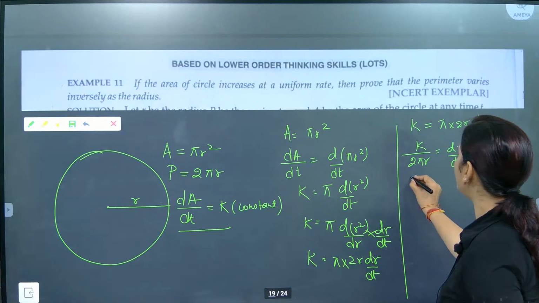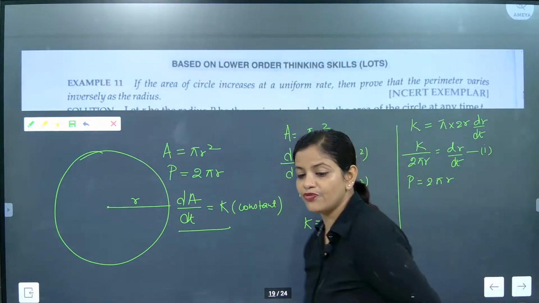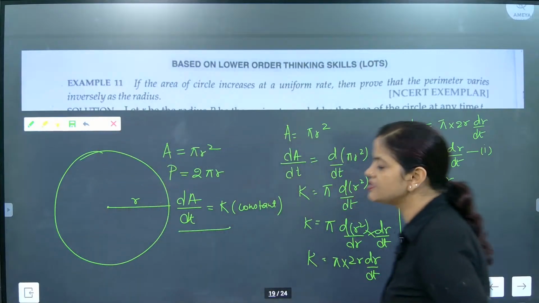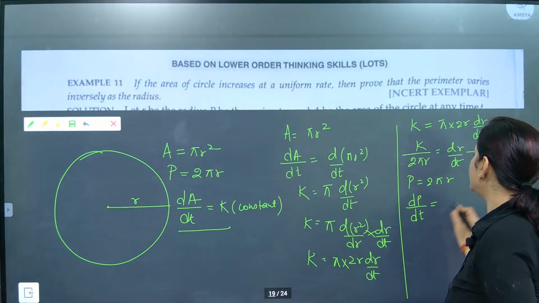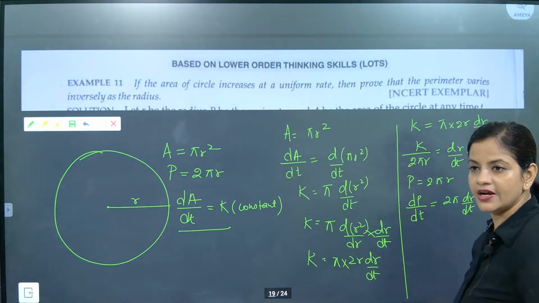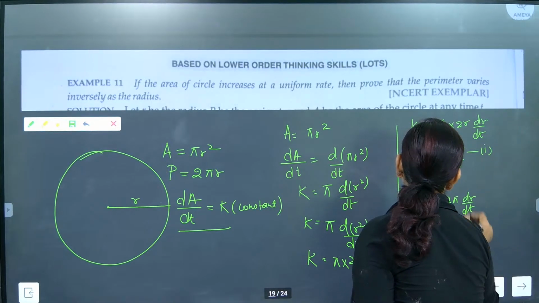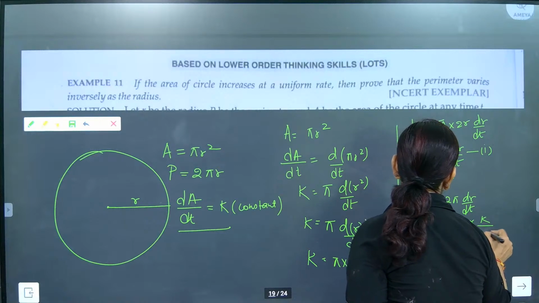Now, beta, our perimeter was 2 pi r. Now we will again differentiate perimeter, because rate of change of perimeter they have asked. So dp by dt is equal to 2 pi dr by dt. Now here, what is dr by dt, beta? dr by dt is k by 2 pi r.